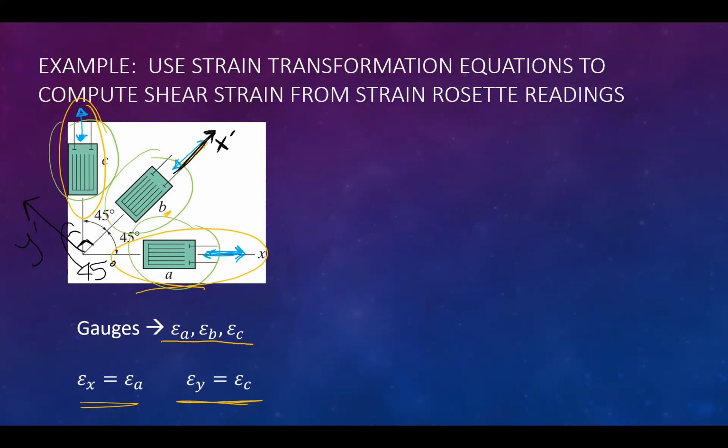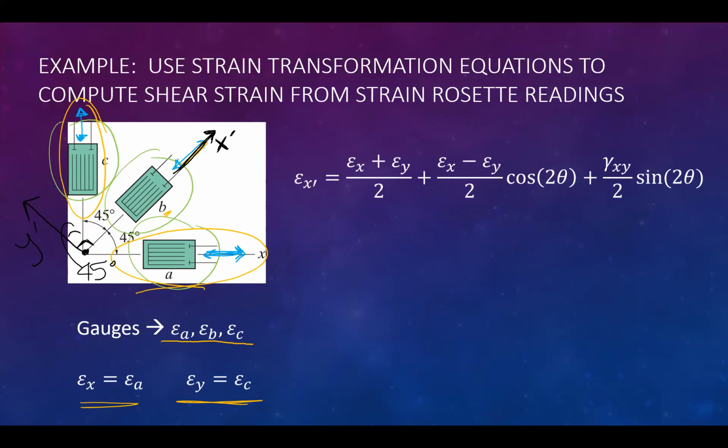if we want to know the shear strain, we can obtain it by using the strain transformation equation, because we just agreed that the strain B is the normal strain in the X prime direction. Therefore, I can plug in the normal strains, strain A and strain C, here in this equation.